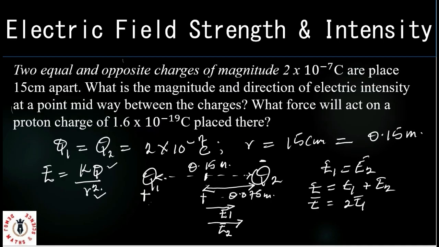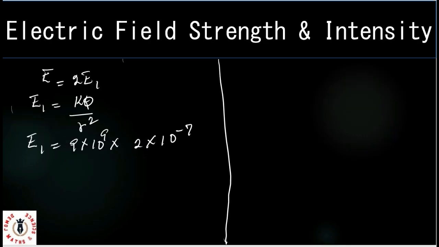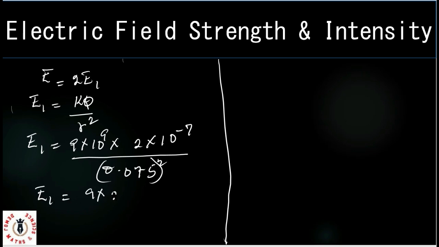Let me just confirm that: minus 7. And my R is 0.075, all squared. So that my E1 is the same thing as 9 times 2 over 0.075 all squared, times 10 raised to power 9 minus 7.